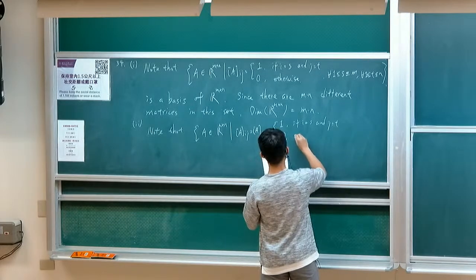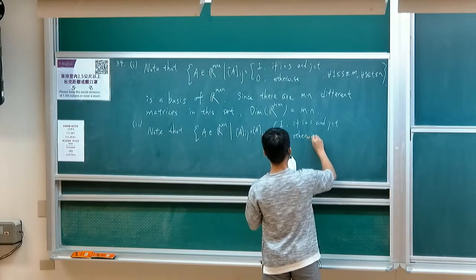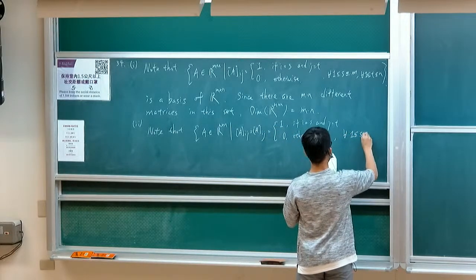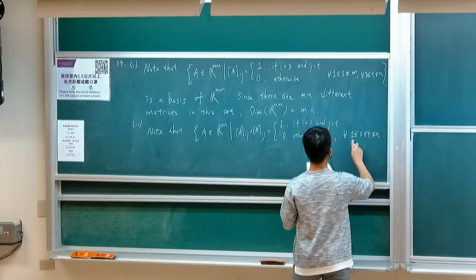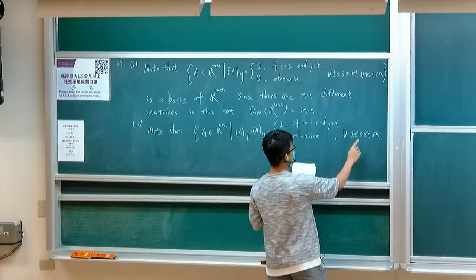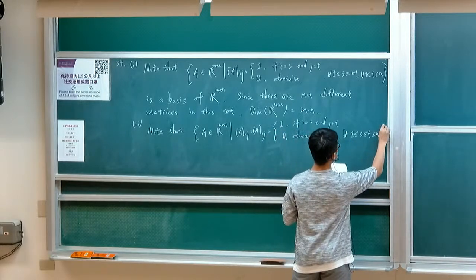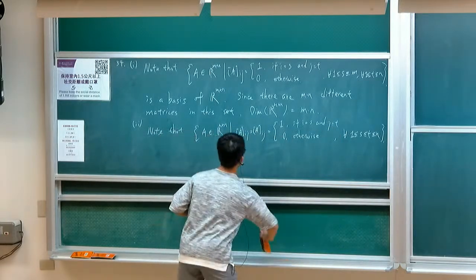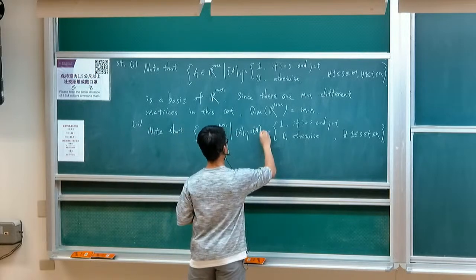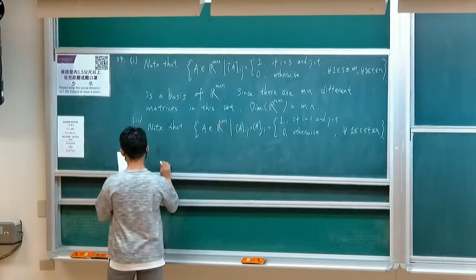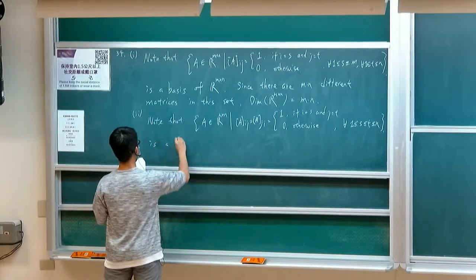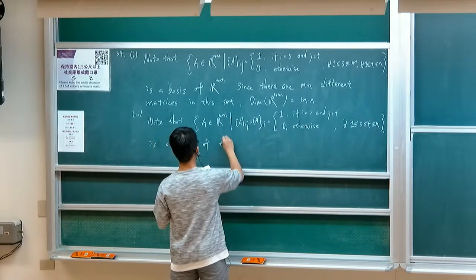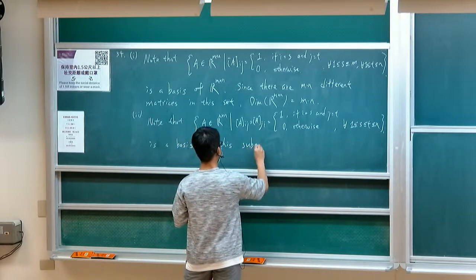Otherwise, it's 0, for 1 less than or equal to s less than or equal to t less than or equal to n. A_ji, oh sorry, yes, A_ji, is a basis of this subspace.